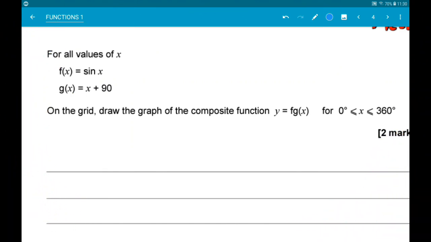Okay, then next up, for all values of x, f of x is sin of x, g of x is x add 90. On the grid, draw the graph of the composite function f g of x for values of x from 0 to 360. Okay, so f g of x here is going to be sine of x add 90.